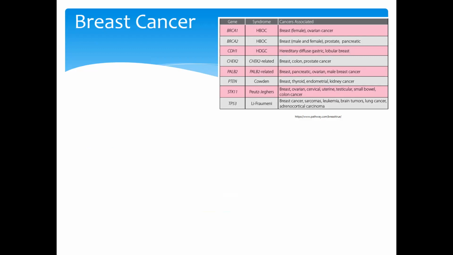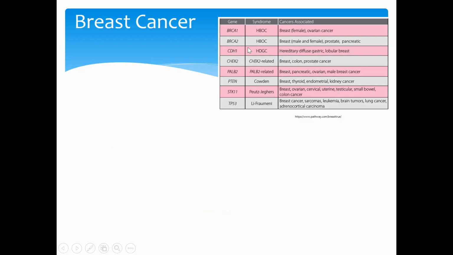But talking about breast cancer, we have a lot of different genes that can become altered. And we know about the BRCA1 and we know about the BRCA2. We understand that. And there are others though that can also be associated with different changes. So here are your big ones: your BRCA1 and BRCA2 for breast, your CDH and your CHEK for colon.